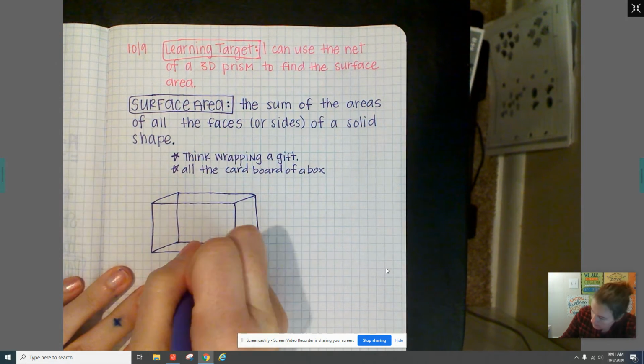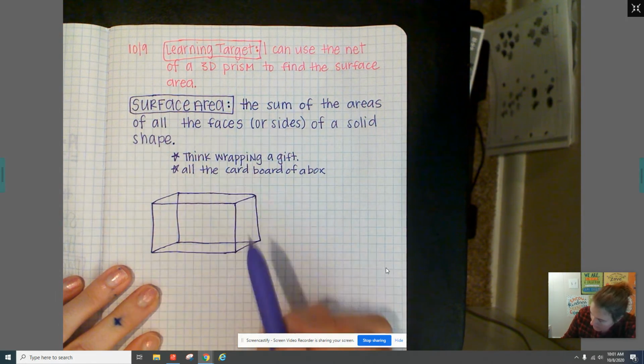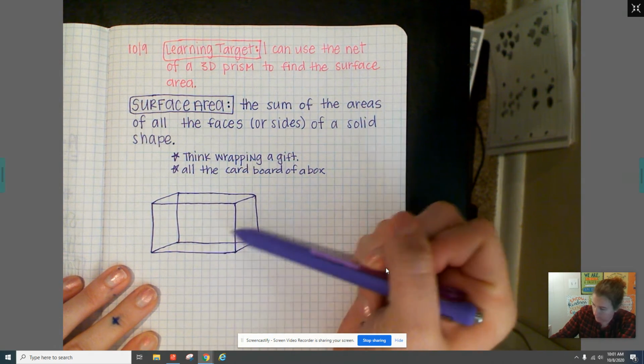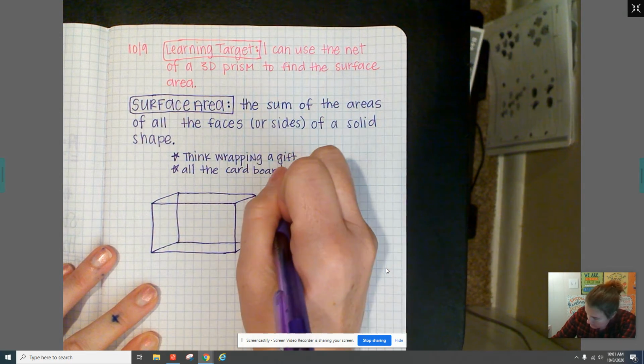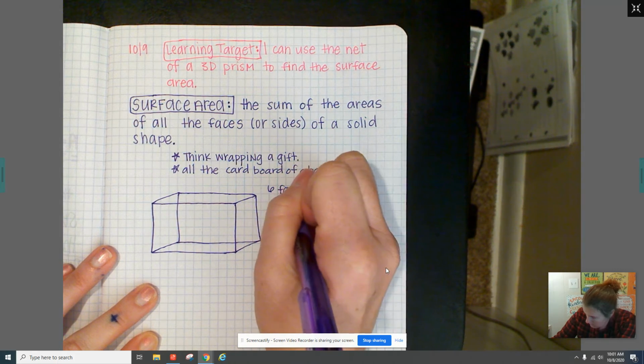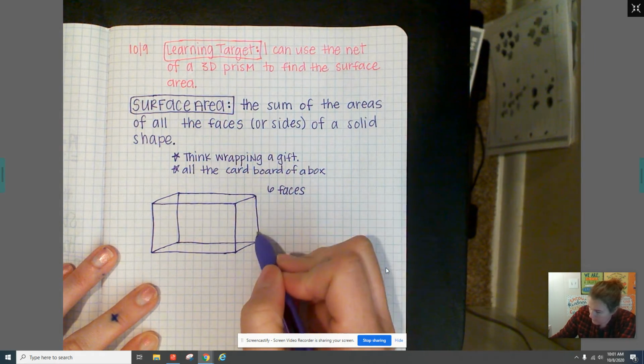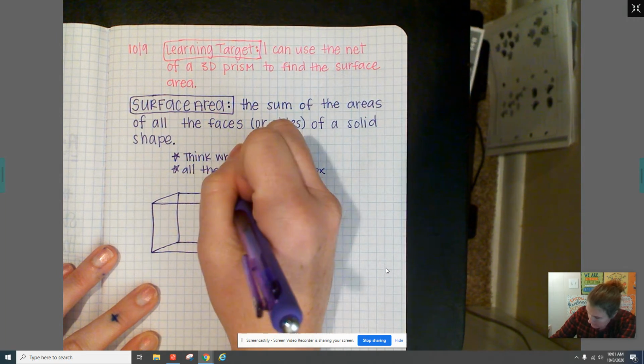You can see the faces, all right? There's 1, 2, 3, 4, 5, 6. There's 6 faces on this, okay? The edges are right here, so like this would be an edge.